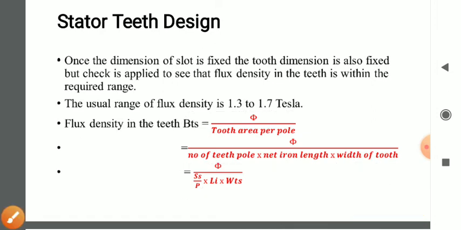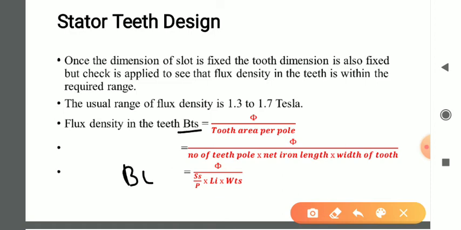So the BTS, that is the flux density in the stator teeth, is equal to phi divided by SS divided by P into Li into WTS. Here the length and width are nothing but the size of the stator teeth, and we just check that this size gives us the flux density in this range or not.